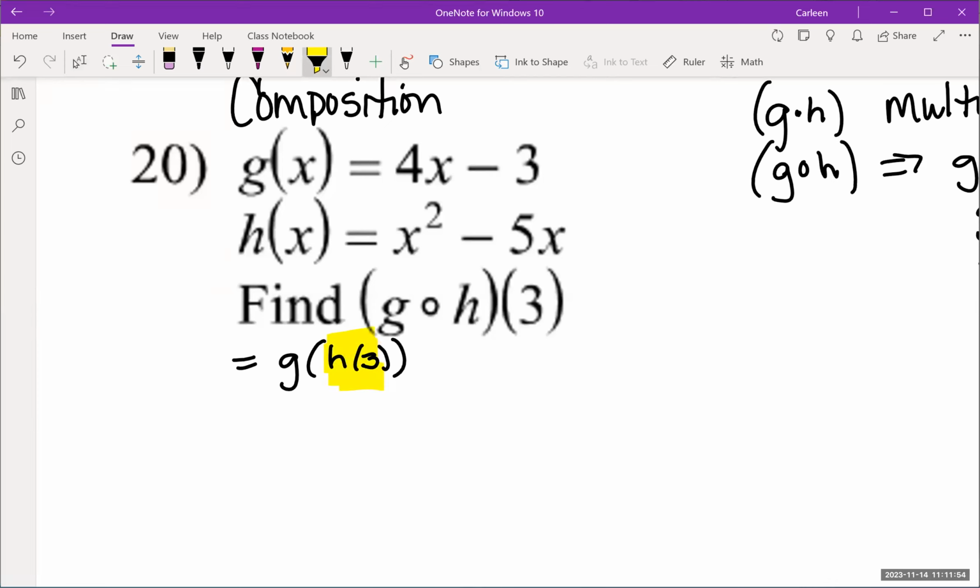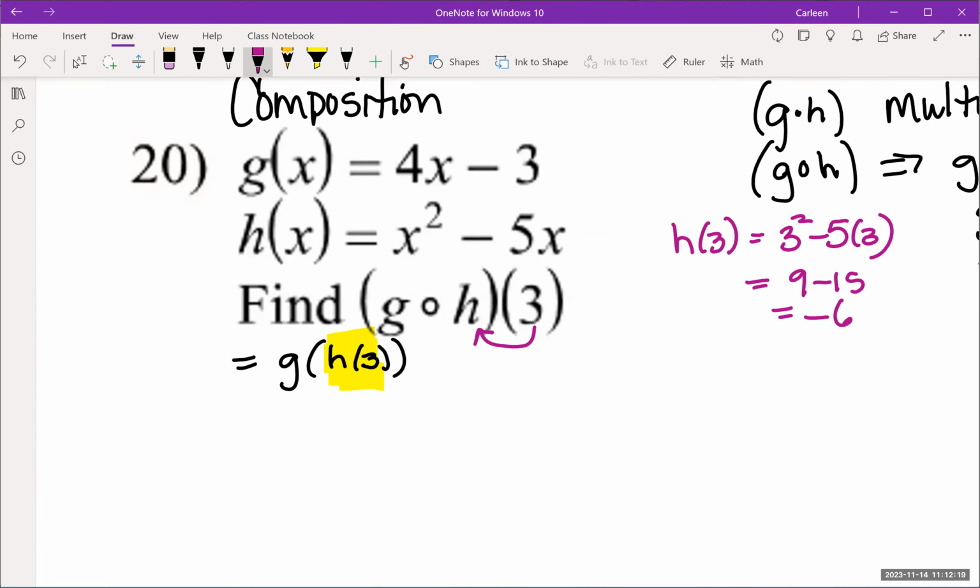H of 3. Yeah, can you see that our first step is find H of 3? So step 1 is take 3 and plug it into H. So H of 3 is 3 squared minus 5 times 3, which is 9 minus 15, which is -6.